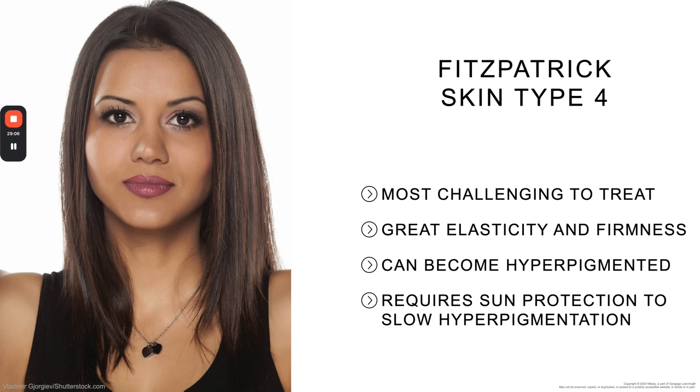They also may need to add melanin suppressants or what we call tyrosinase inhibitors or other skin lighteners to their skincare routine. And this skin type requires sun protection to slow down hyperpigmentation. They must avoid sun exposure and use sun protection daily, especially for anyone who is prone to hyperpigmentation.